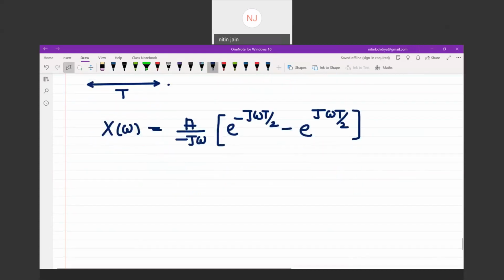Or you can say x of omega is given by a by minus iota omega.